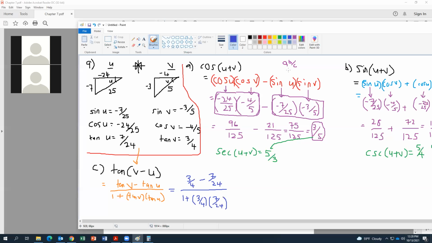Now, take out your calculator. Use the ABC symbols. I want you to do 3ABC4 minus 7ABC24. You have a calculator. You got the ABC symbol, the fraction symbol, we call it.